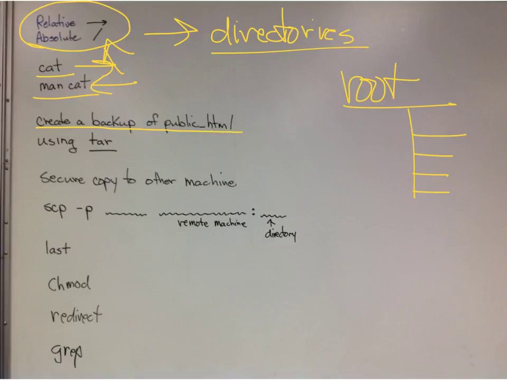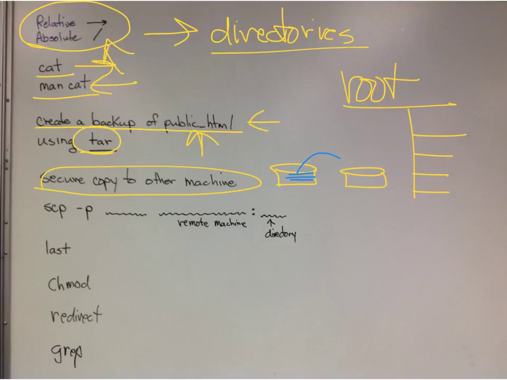We talked about creating a backup. So what we did was we used tar, and we compressed the public HTML directory. Then we used secure copy, copied it from a hard drive in one computer to the hard drive in another computer. So we had a compressed file here, copied it over here.